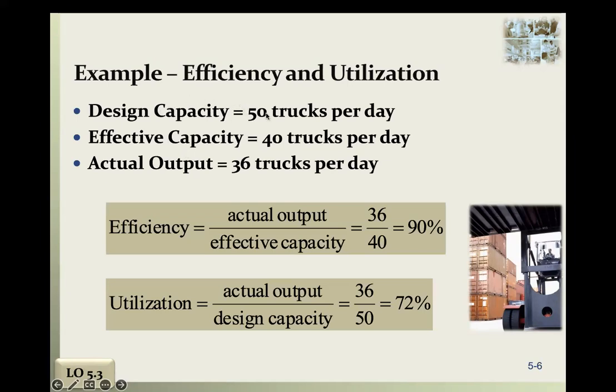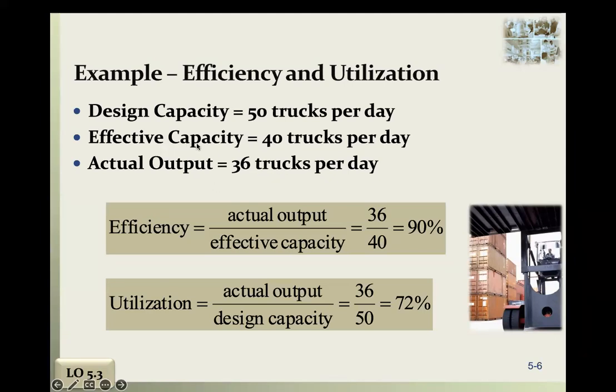Design capacity is highest, 50, and then effective capacity is less than design capacity, and actual output is further less than effective capacity. So this is essentially the order that would be there. Design capacity would be highest, followed by effective capacity, and actual output would be the lowest.